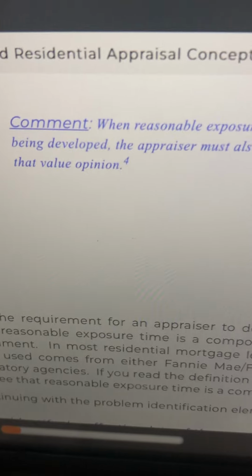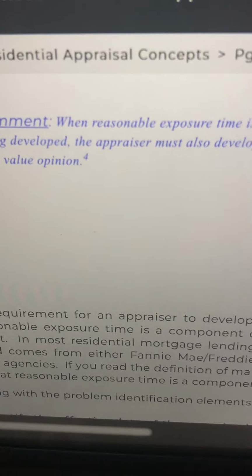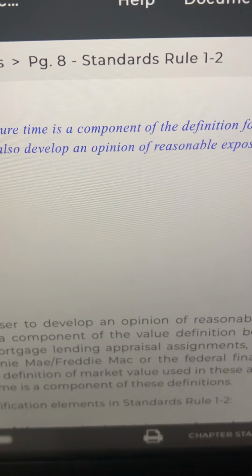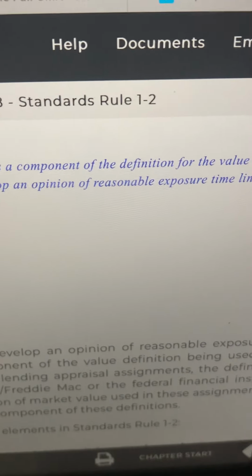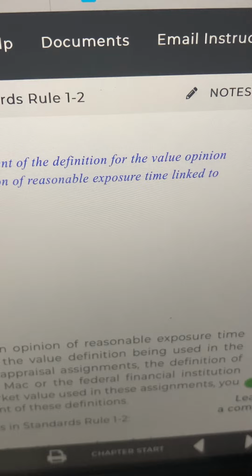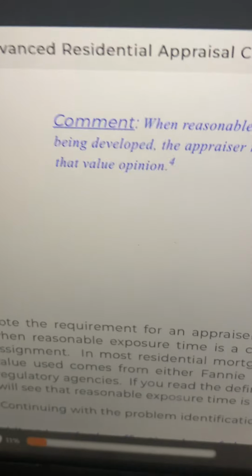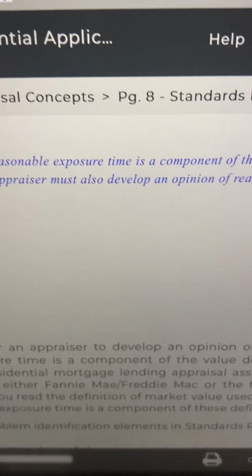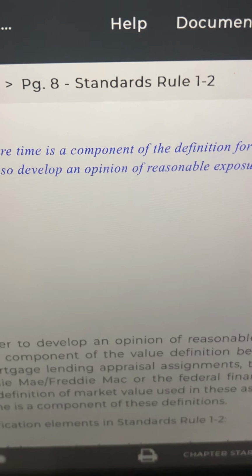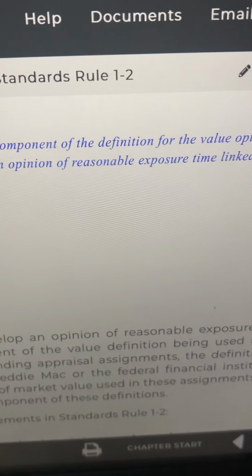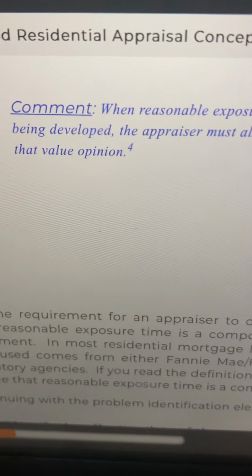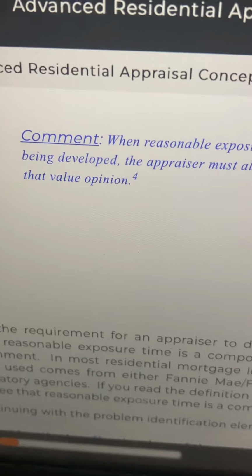Comment. When reasonable exposure time is a component of the definition of value for the value opinion being developed, the appraiser must also develop an opinion of reasonable exposure time linked to that value opinion.